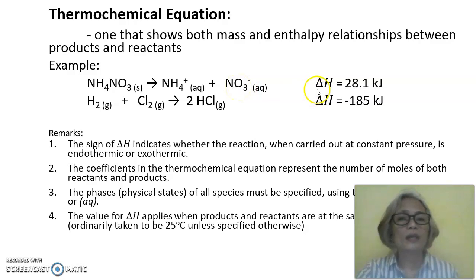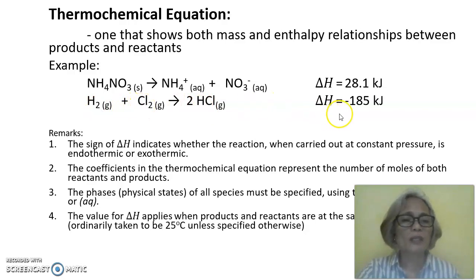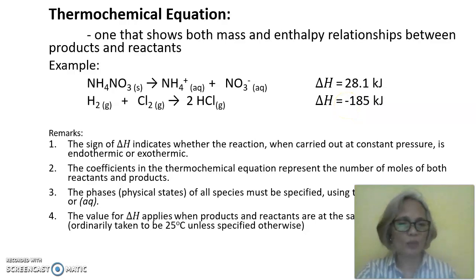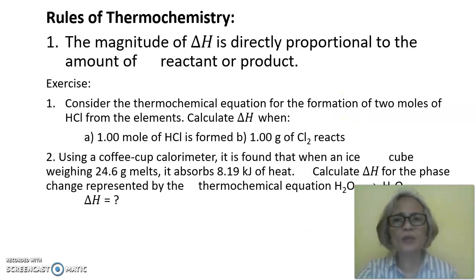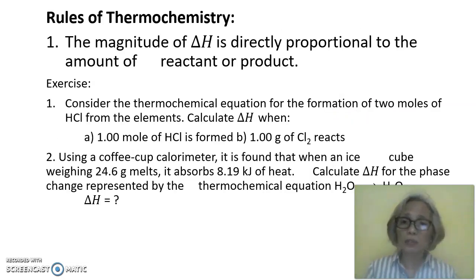The change in enthalpy is 28.1 kilojoules. So it's positive, indicative that the reaction is endothermic. Whereas for the formation of hydrogen chloride from elemental hydrogen and chlorine, the delta H is negative, indicative that the reaction is exothermic.